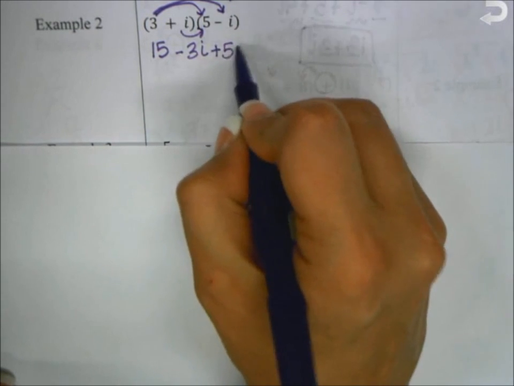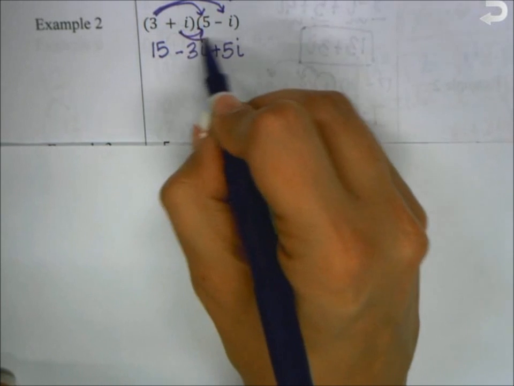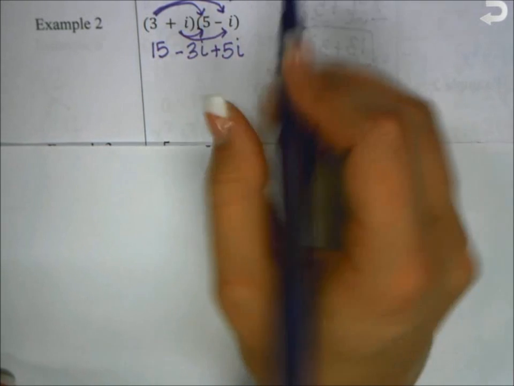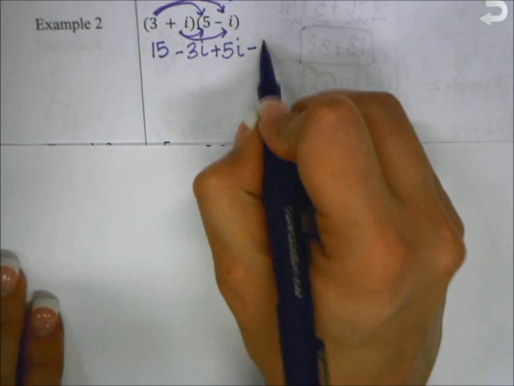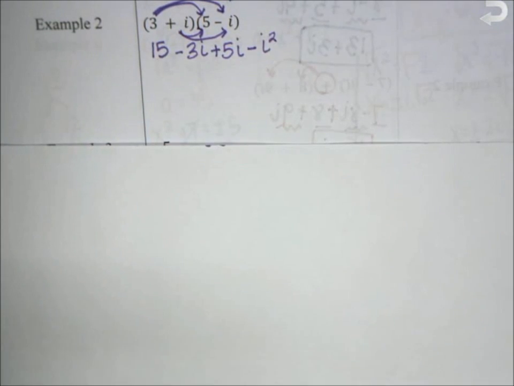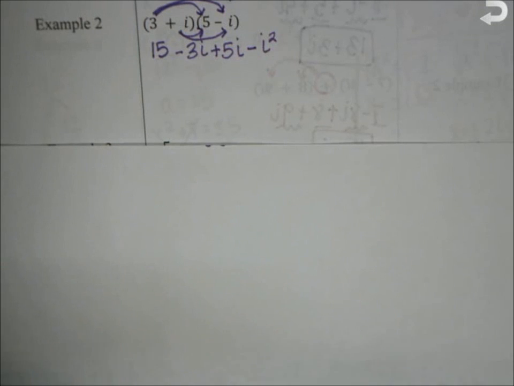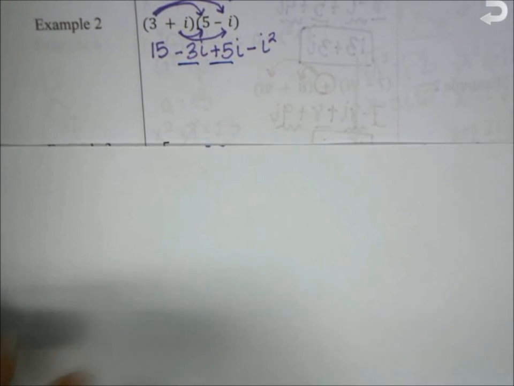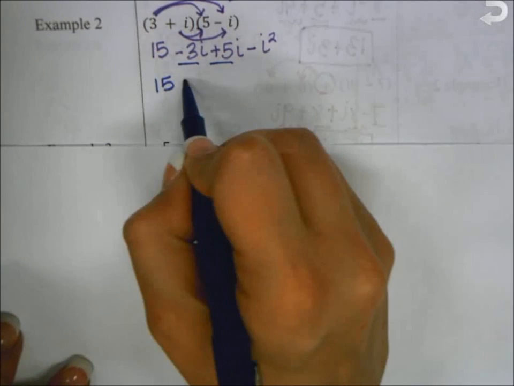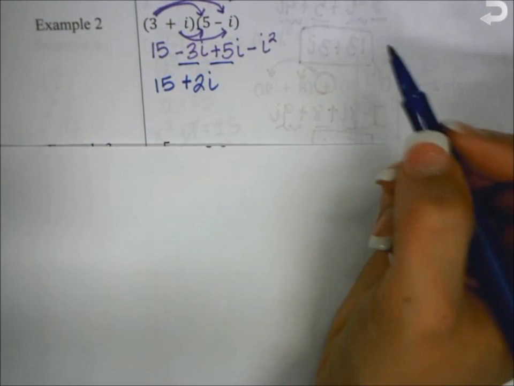And positive i times negative i. Negative, we're multiplying. Negative i squared. You can do the boxes if you want. Okay, now I can combine like terms, right? Negative 3i plus 5i, what does that give me? Positive 2i. And I also have minus i squared. What does i squared turn into?